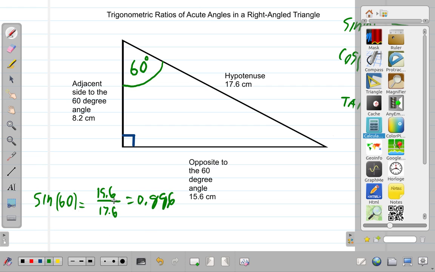Now, this is from measurement. Remember now, the calculator gives you the perfectly accurate value. This is just from measurement, so it's an approximation. When I checked on the calculator, it was 0.866, something like that. We could check it.